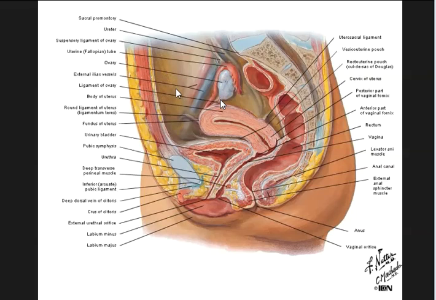This ligament is the ligament of the ovary. The ligament of the ovary and the round ligament of the uterus are the remaining parts of the gubernaculum in the female.